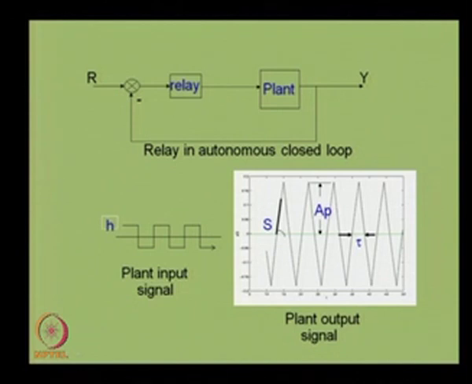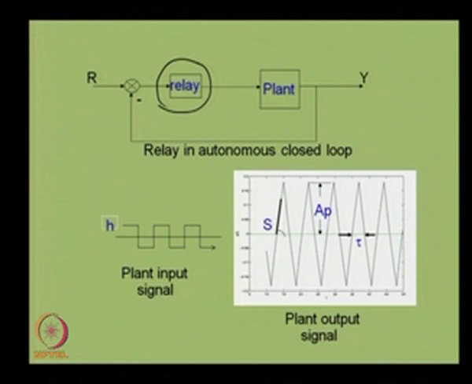Here, this block diagram shows a relay in autonomous closed loop. Relay is replacing a PID controller, and the job of the relay is to estimate the dynamic model of a plant.